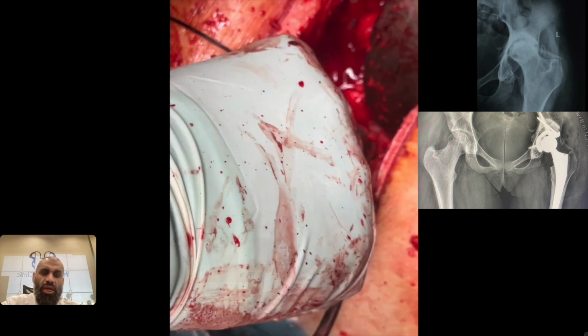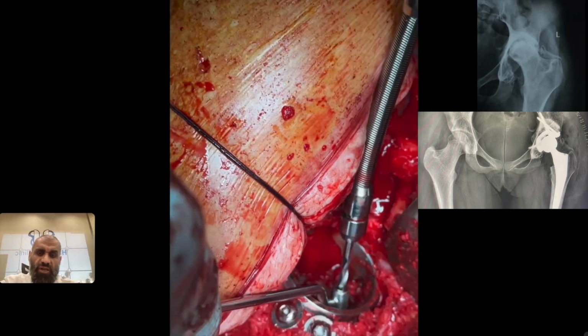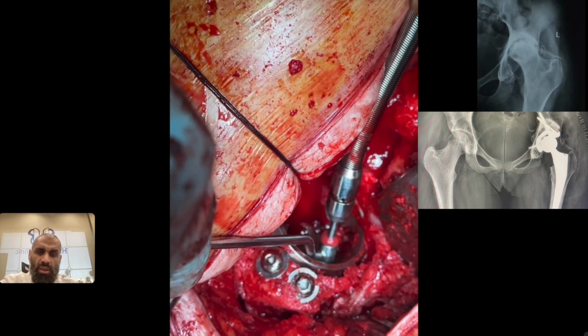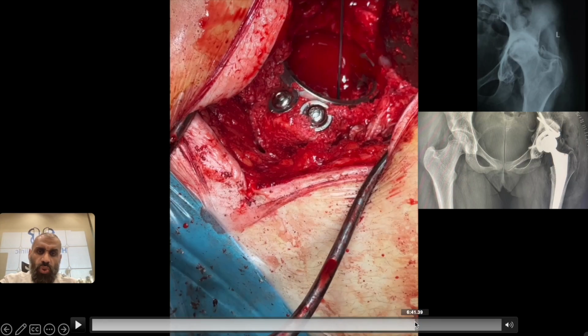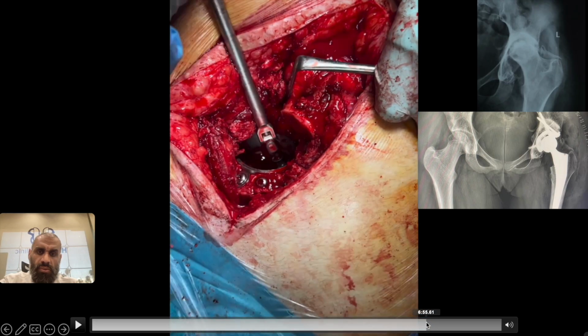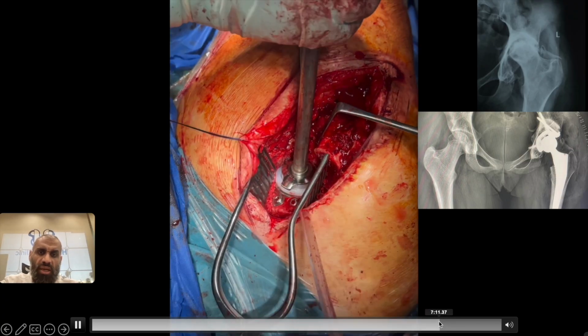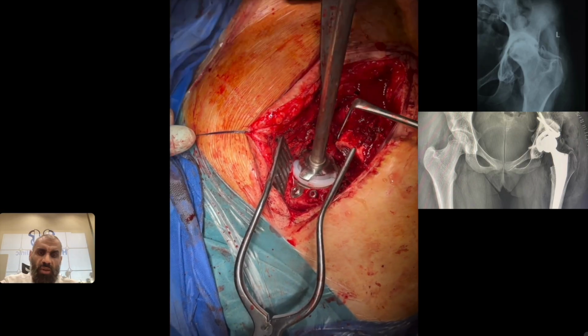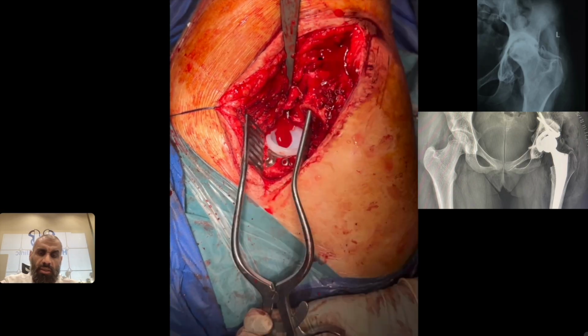The stability is checked. The cup is then augmented by fixation of screws at the safe zone. And then the polyethylene liner with a high posterior wall is inserted.